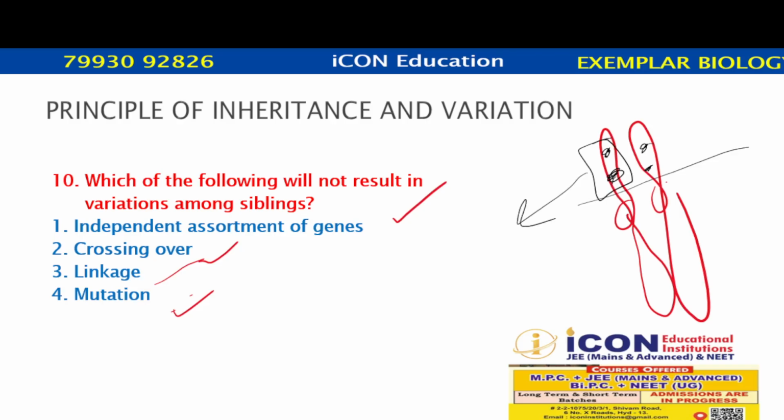Even at the time of crossing over, these two genes collectively move towards the next generation. So which of the following will not result in variation among siblings? If the genes are very closely linked on one chromosome, they collectively transfer to the next generation.